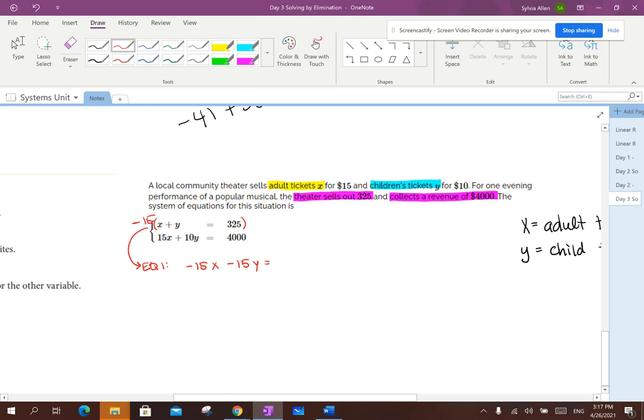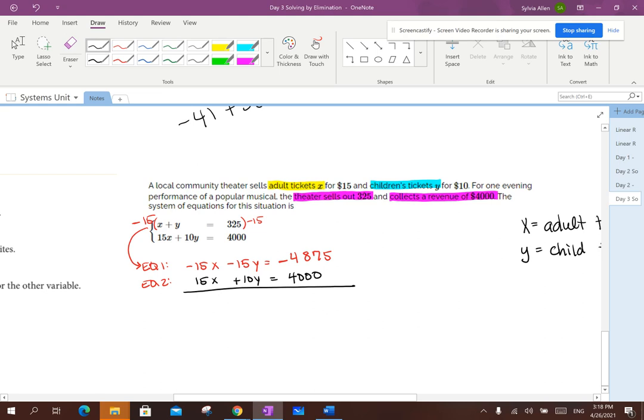And if I were to do my calculator real quick and go 325 times 15, first of all, it's going to be a negative, right? So a negative 4,875. Okay, that's 325 times 15. Equation 2, I want it to stay the same. So I've got 15x plus 10y is equal to 4,000.